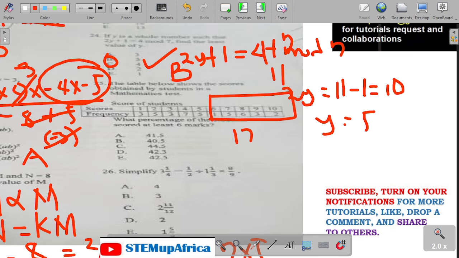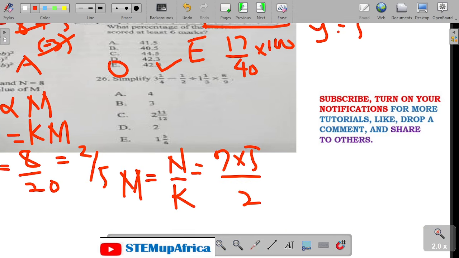So I'm having 17 over 40 times 100 percent. So we're having 1700 divided by 40. That will give us 42.5, which is option E. That is 25. Then 26.